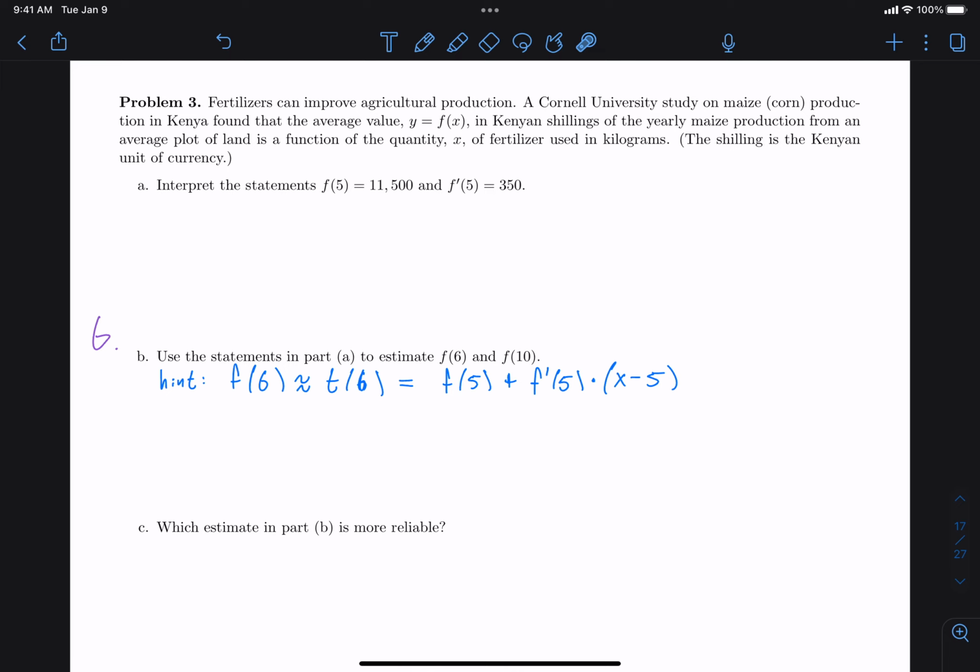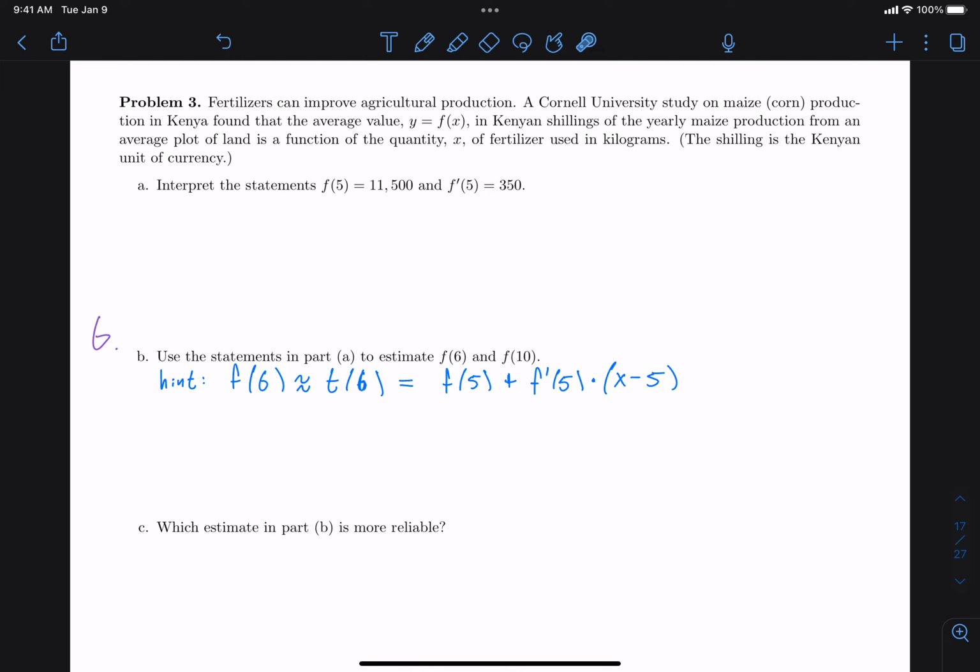Okay, so we have to be careful. Let me draw the F of X. So our function may not necessarily work.